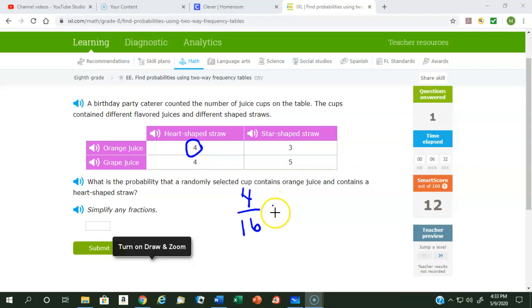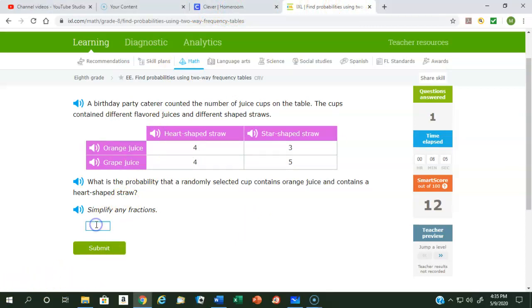So 4 divided by 4 is 1, and 16 divided by 4 is 4. So I'm going to get an answer of 1/4. And so my answer is 1/4. Go ahead and submit that.